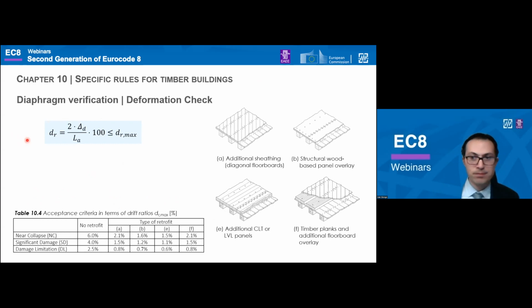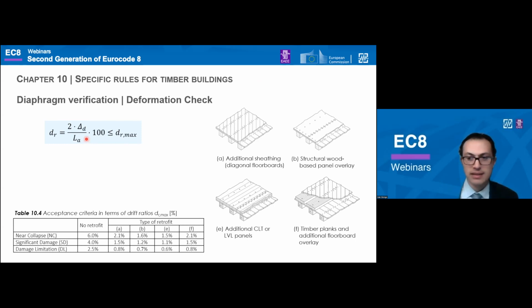The diaphragm deformation also has to be checked, and it has to be done in terms of drift ratios, where delta D here is the diaphragm displacement demand at midspan, and LA is the distance between the diaphragm lateral supports.